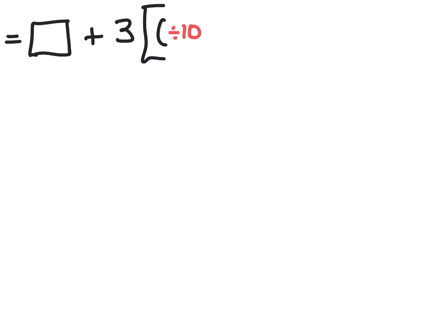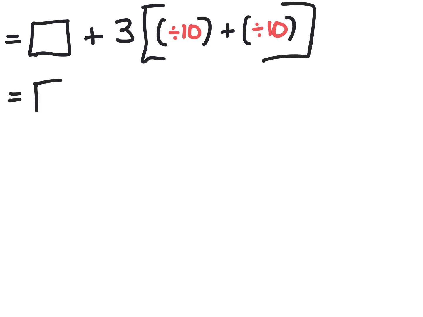So whatever question you've got divided by 10 plus the divided by 10 number there, equals the same number in your question plus 3 lots of the sum of these two here.